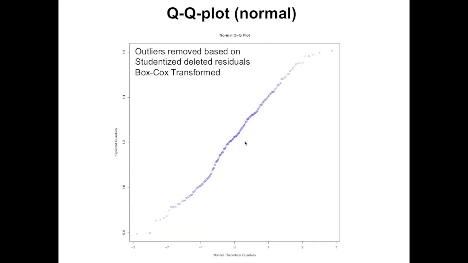But after we do the outlier removal procedure and use a Box-Cox transformation procedure, we can see that now this is following the expectations that we would want for our phenotypic data. And now this can be used with any general mixed model procedure to analyze the phenotypic data.